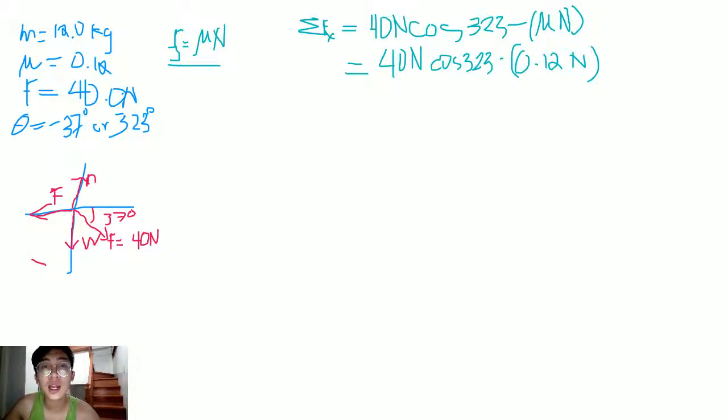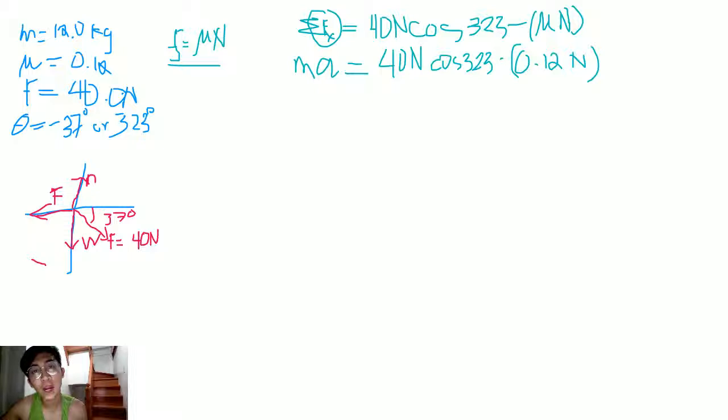So, ngayon, hindi pa natin masasolve si ating forces along x kasi kulang tayo ng ating normal force. So, dito, saan ba natin i-equate tong equation along x-axis? Dahil gumagalaw siya, so dapat ang ating summation of F of x is equals to mass times acceleration.